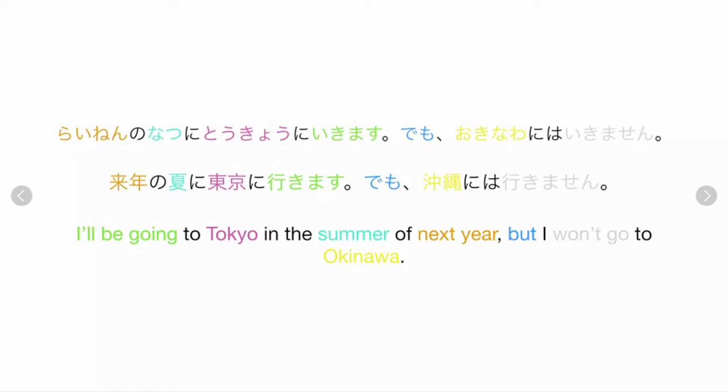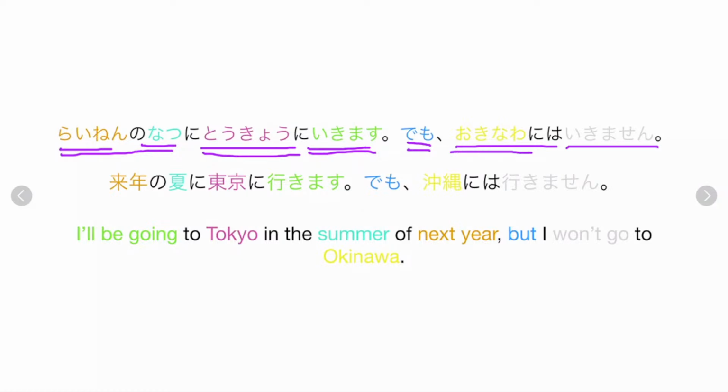Here's a bigger sentence. Again, we're going to use all the concepts we learned so far, so stick with me, but you have all of the stuff that you need to understand this sentence. 来年の夏に, 夏 is summer, 東京に行きます. でも沖縄には行きません. 来年の夏, next year's summer, に東京に, to Tokyo, 行きます, I will go. でも沖縄には, as for to Okinawa, right?